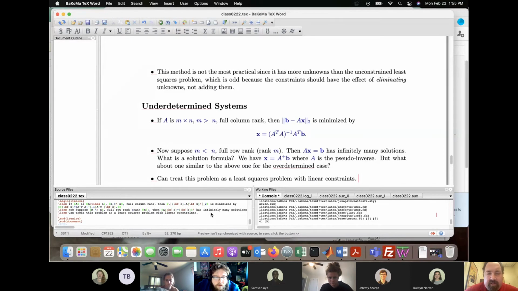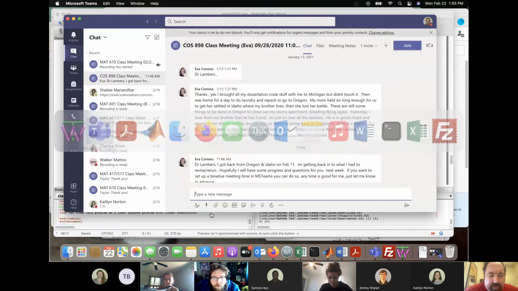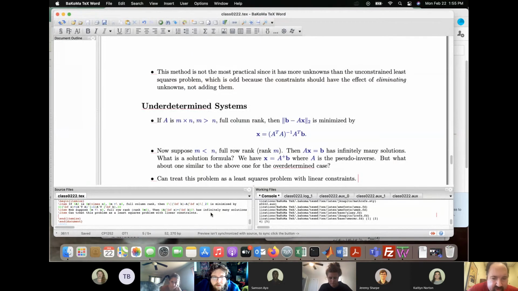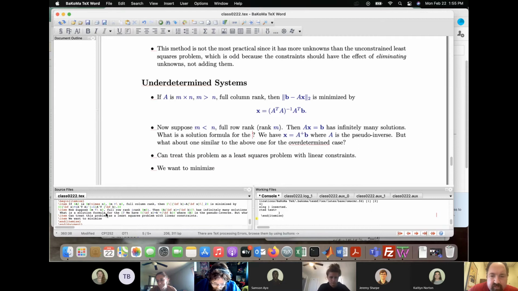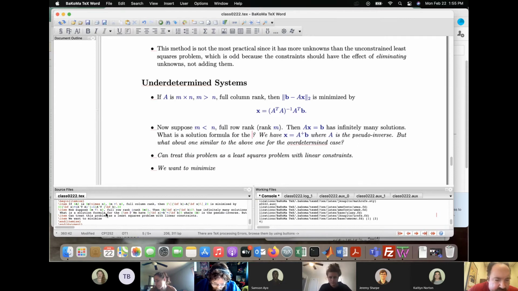Now, how this can be done, and I actually have a couple of approaches in mind. We want to minimize. So I want the minimum norm least squares solution, so I'll make clear what I'm finding a solution formula of. Minimum norm solution.